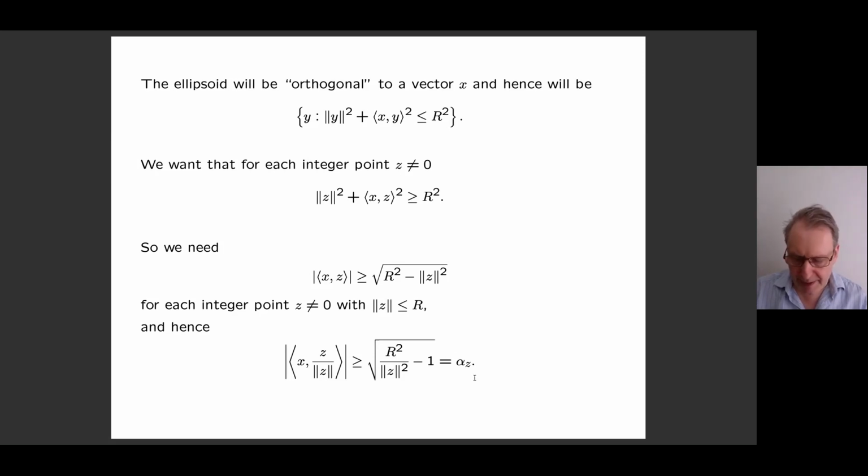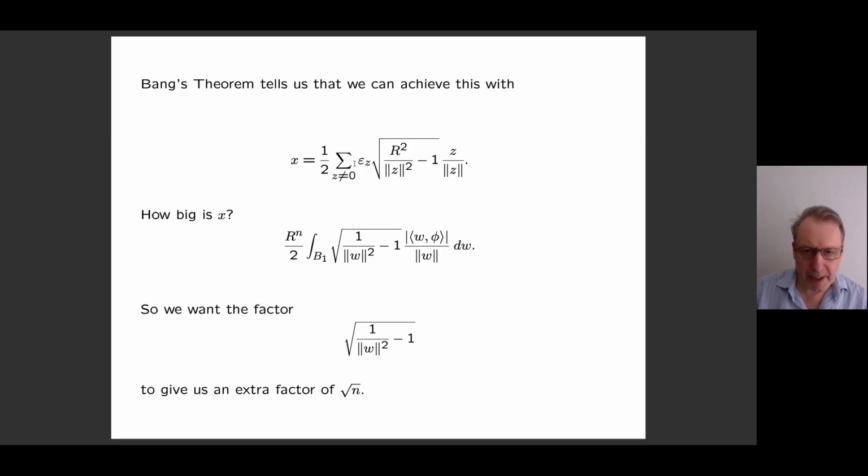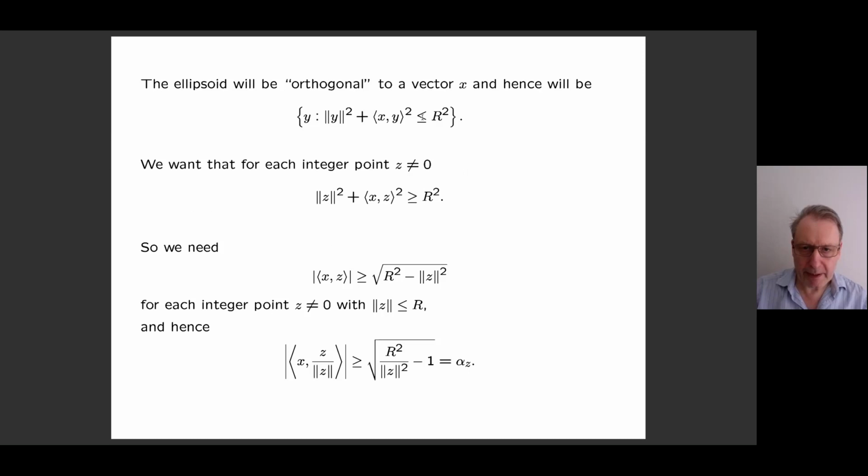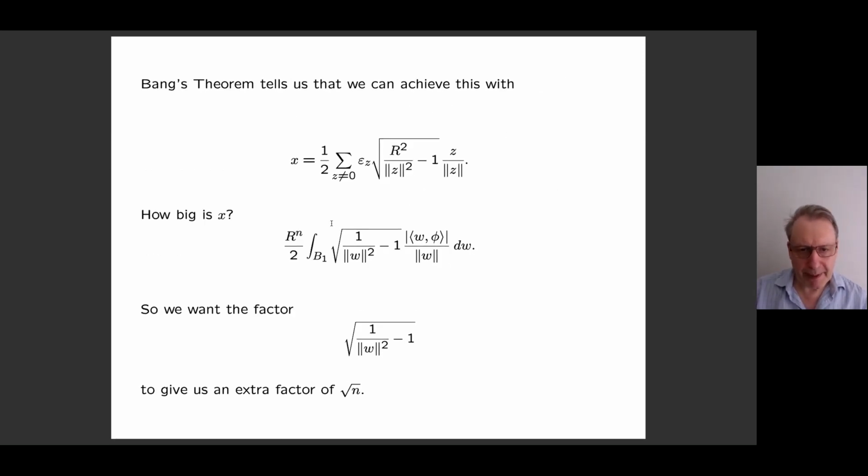And so, of course, I'm going to put that into Bong's argument, the sum involving these signs. So here is my unit vector, here is my weight, here is my choice of sign, here's the extra factor of a half. And this will be my x. And then based on that x, I'm going to calculate the volume of this ellipsoid, and then we'll be happy. So how big is x?